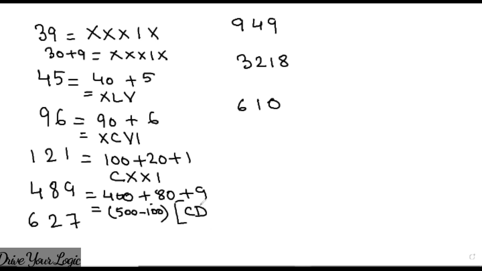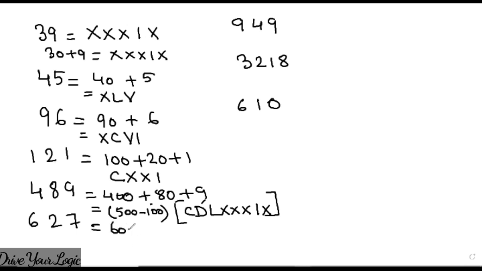So CD means 500 minus 100. So 400 stands for CD. 80, how much is 80? 50 plus 30, that is 80. And 9, IX. So this is your answer.